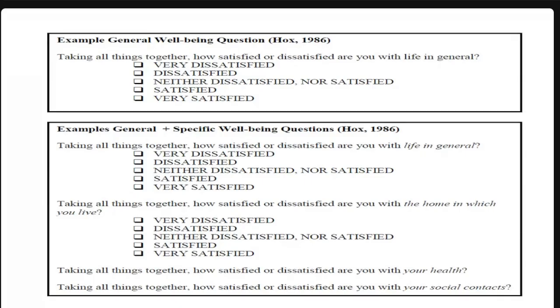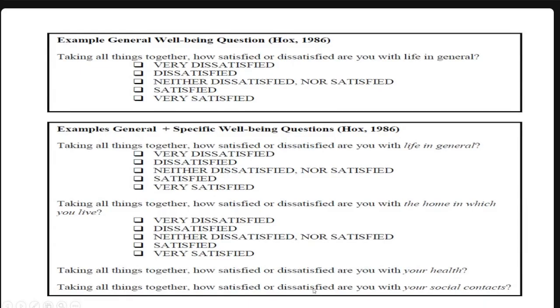Here you give five options, from very dissatisfied, neither dissatisfied nor satisfied, then satisfied, to very satisfied, and let the responders choose any of these options.